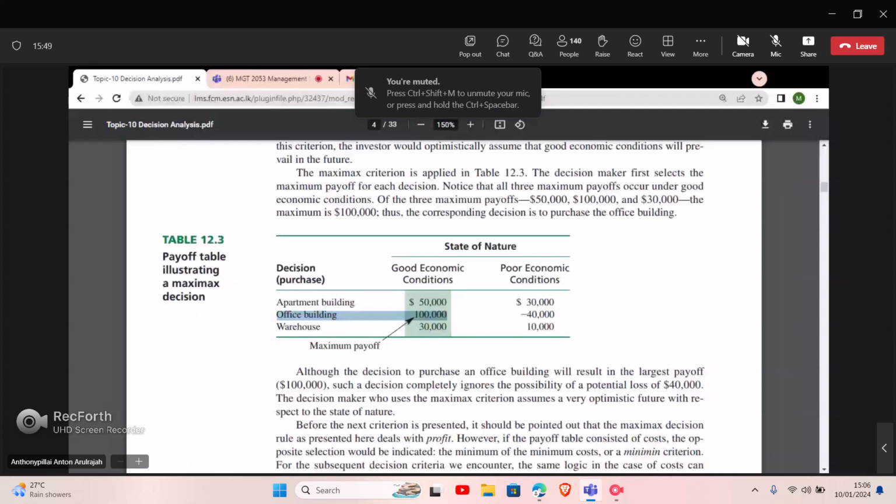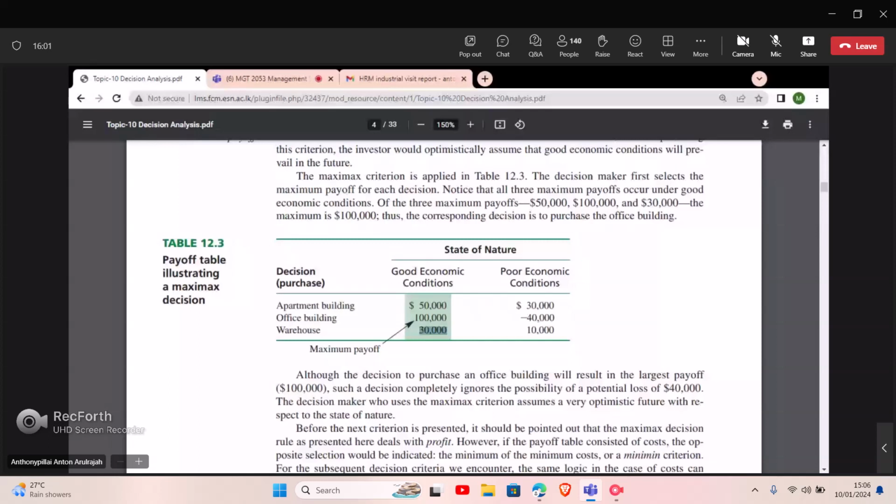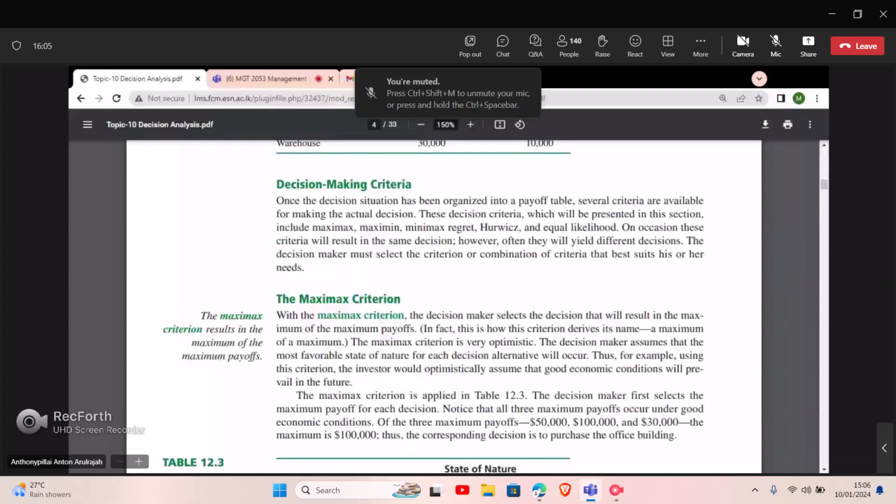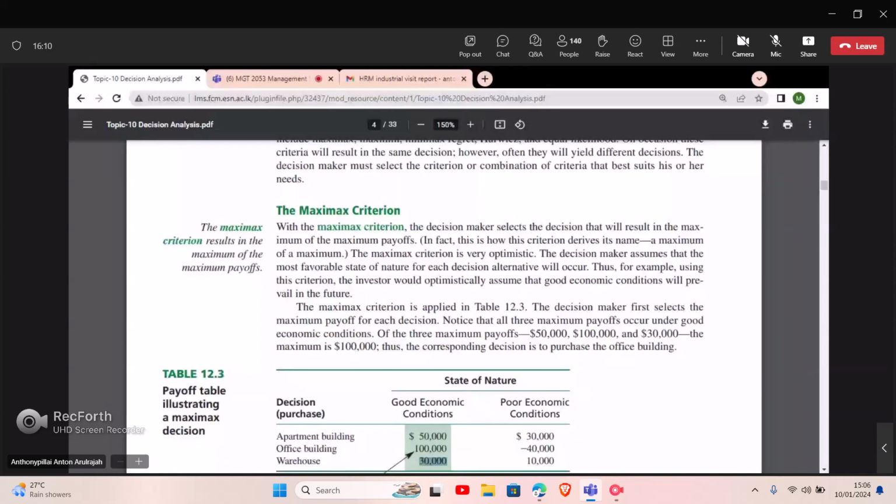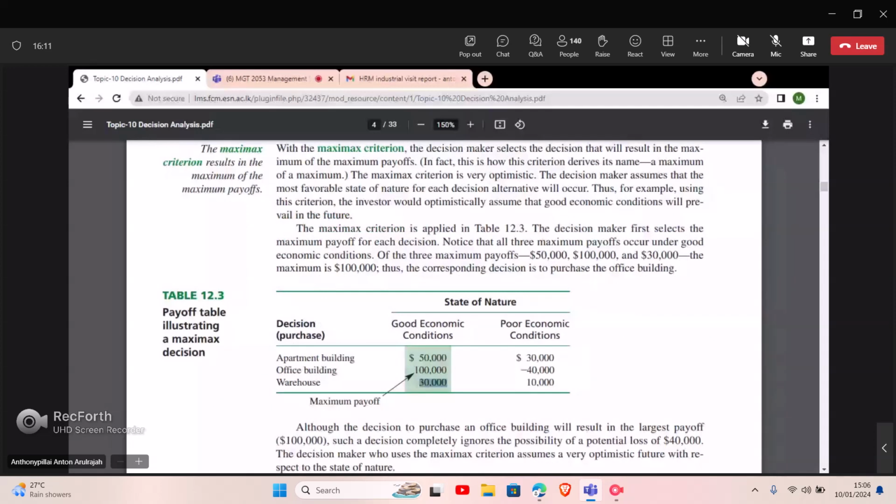Out of these three figures, taking the highest one is called maximax. We only consider the maximum of the maximum, and if you are making a decision that way, that is a maximax decision.